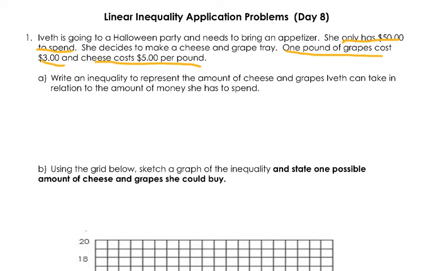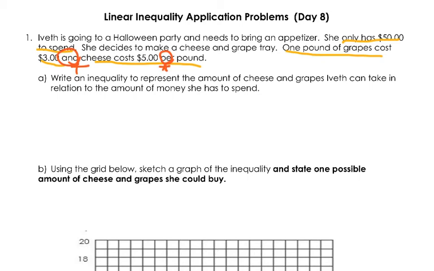So let's read what they're asking us to do. Write an inequality to represent the amount of cheese and grapes Yvette can take in relation to the amount of money she has to spend. Well, cheese and grapes, so we're definitely going to be adding them together. And we know the word per in each of these cases means multiply.